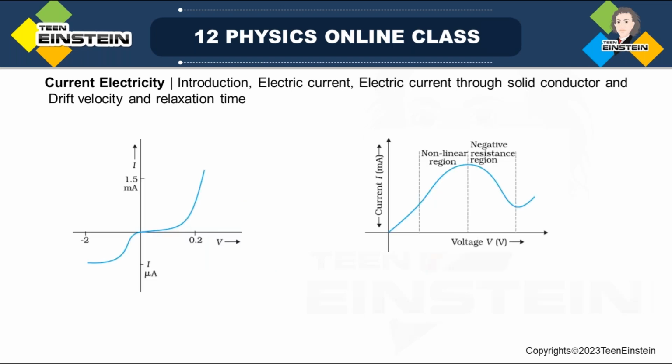So in the case of a diode, this is the forward bias of the diode, and this is the reverse bias.